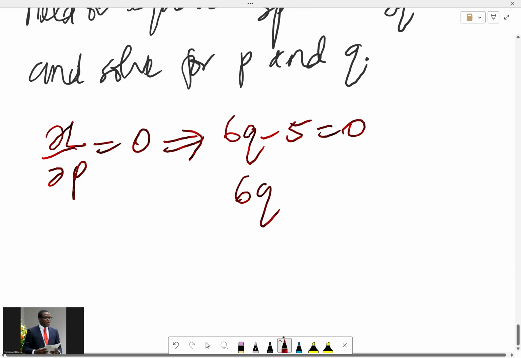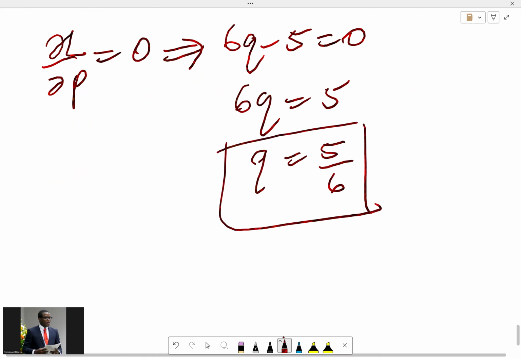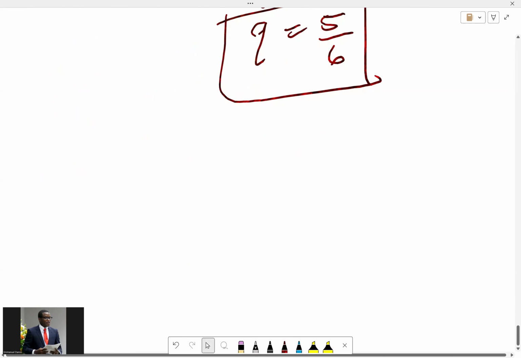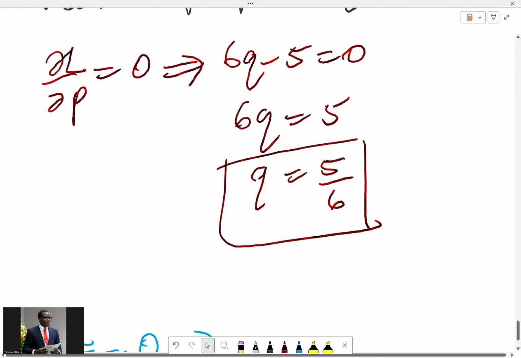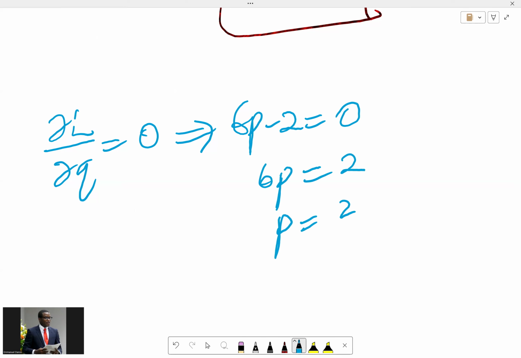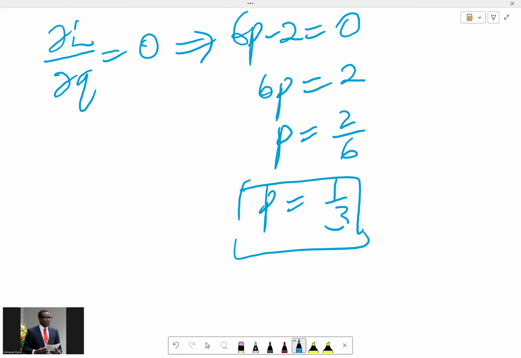That means 6Q is equal to 5, so Q is equal to 5 over 6. Then partial L, partial Q equals 0 simply implies that 6P minus 2 is equal to 0. That means 6P is equal to 2, and P is equal to 2 over 6, which is 1 over 3. So we have those values easily.